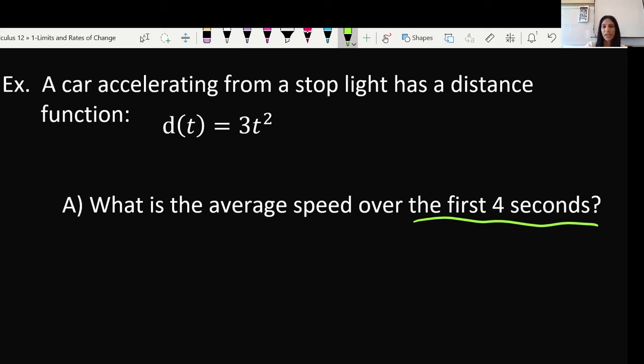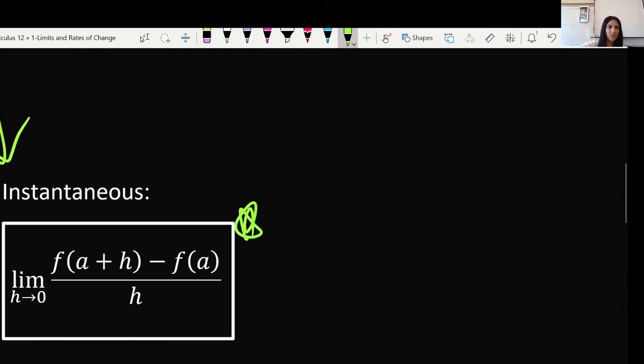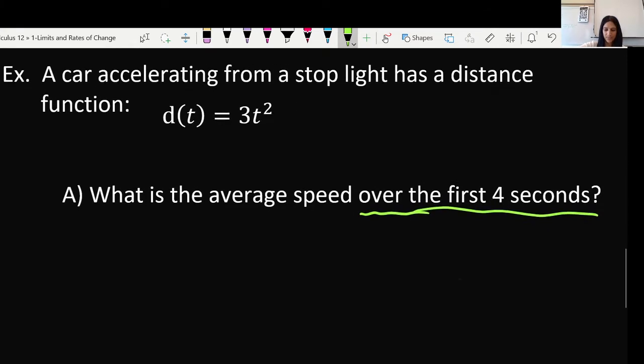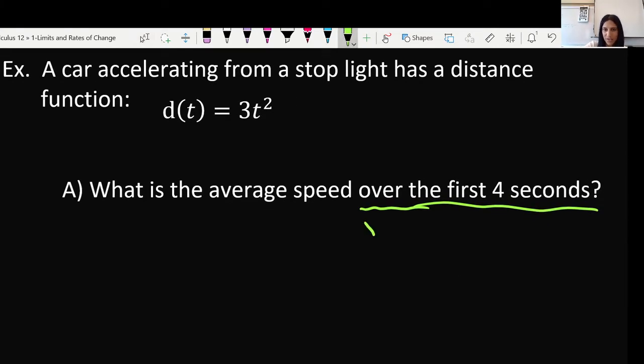Okay, so if it's over the first 4 seconds, then going back to these equations that we looked at, x2 can be this 4 seconds that we're told. So I'm going to make that 4 seconds. And if it's the first 4 seconds, then x1 I would assume is starting at 0.